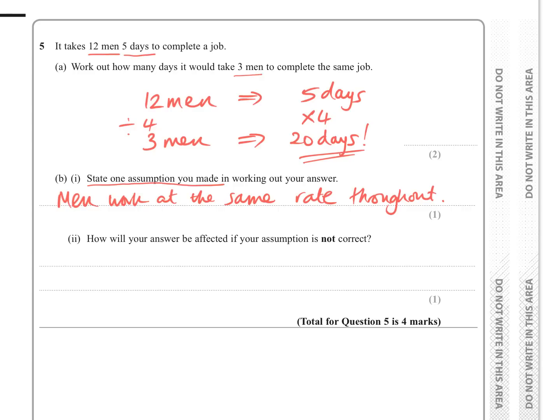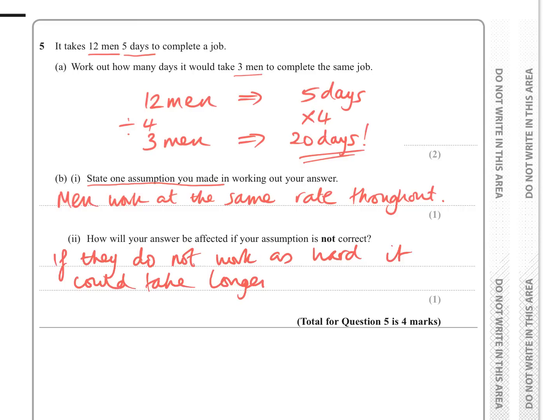So I will go for a simple answer and say, if they do not work as hard, it could take longer. Okay, just go with one of the options and that will be absolutely fine. Just use your common sense really, but try and write in full sentences if you can, although it's only 1 mark.